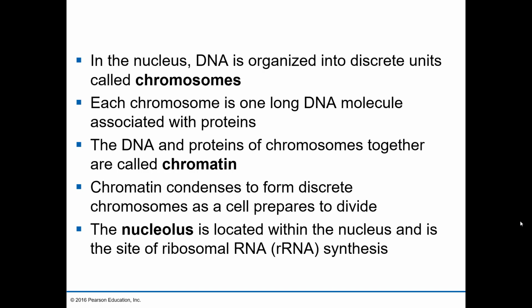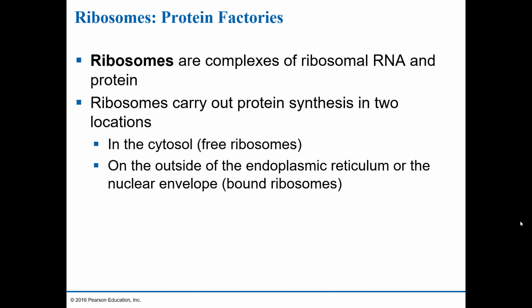The nucleolus is located within the nucleus and is the site of RNA synthesis. So the nucleus has its own nucleus, and we call that the nucleolus. Ribosomes are complexes of ribosomal RNA and protein. Basically, the important thing to know is that ribosomes carry out protein synthesis.